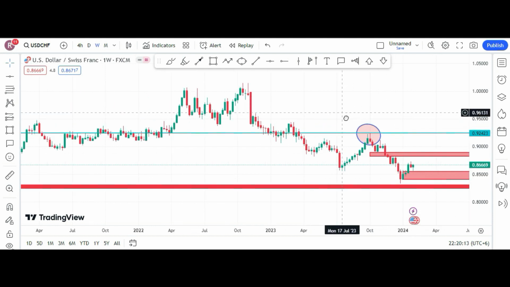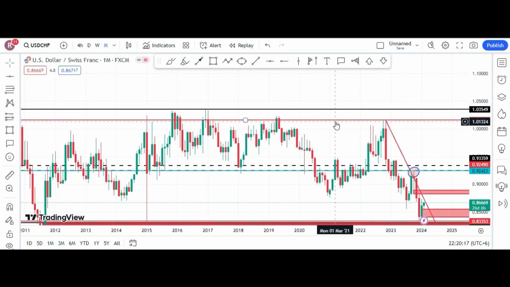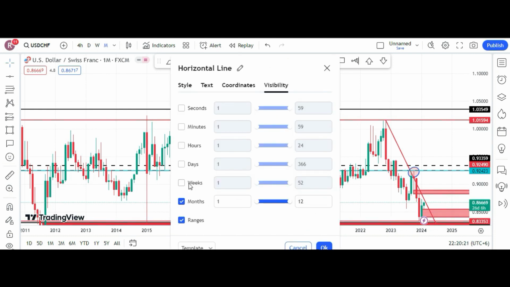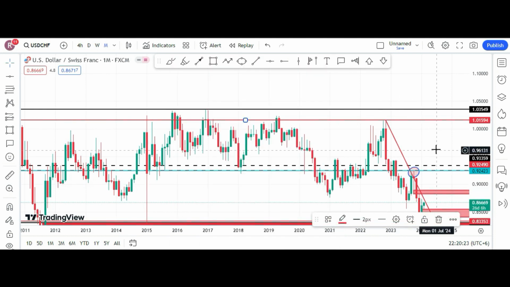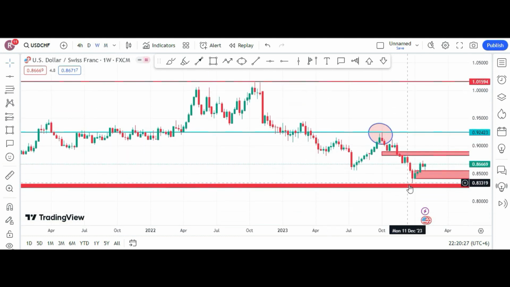So once it happened in monthly here, in weekly this was the top, this was the bottom in monthly, and now we have this double top from here. In weekly, push the price here.